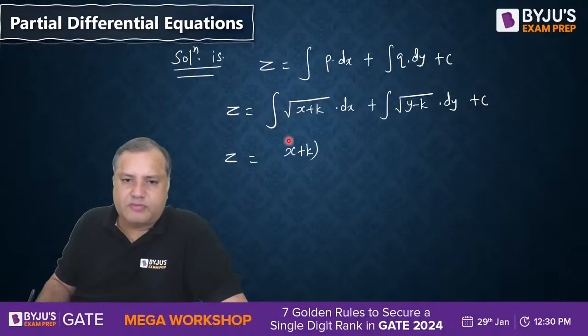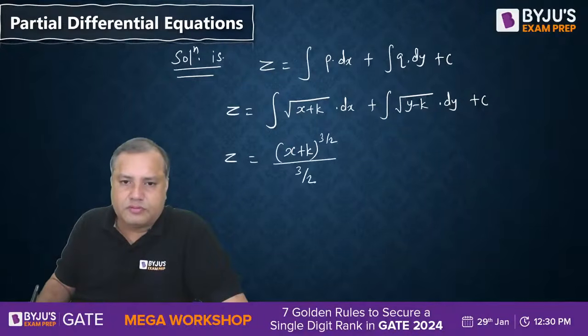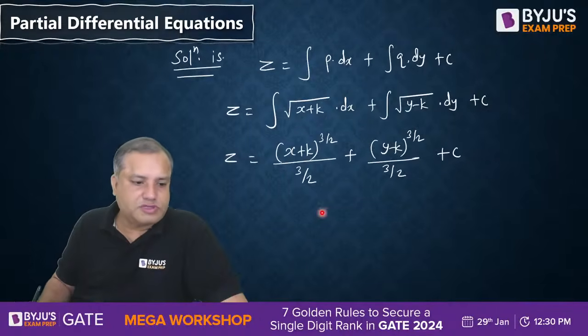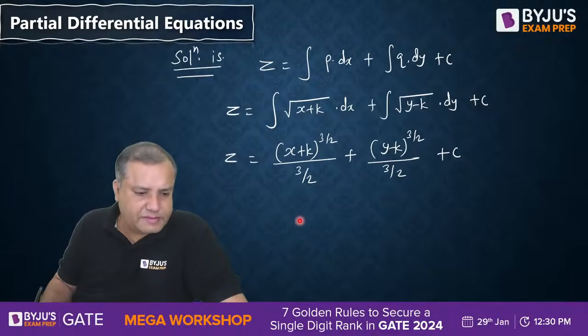Already this is power 1 by 2. So it is power 3 by 2 upon 3 by 2. And this will be also 3 by 2 upon 3 by 2. Plus some constant c. You can just simplify.